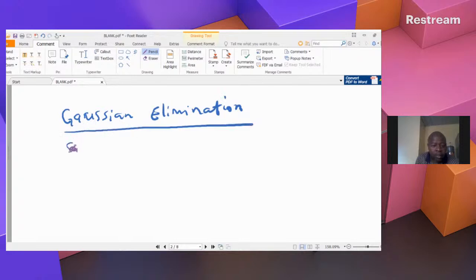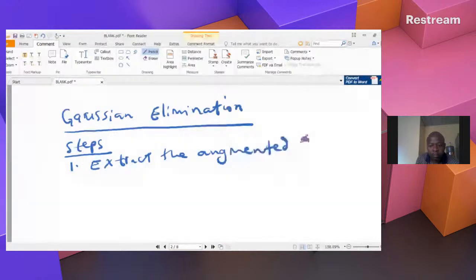So what are the steps? You extract the augmented matrix from the given system of linear equations.